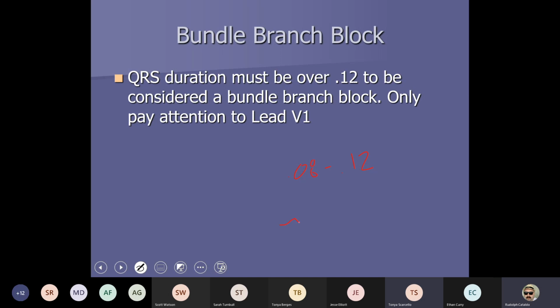A lot of times that'll look like such because it's wide, or it could look like such. It's just a wide QRS. But it will generally only be wide in lead V1. So I want you to pay attention only to V1 when we're looking at this.